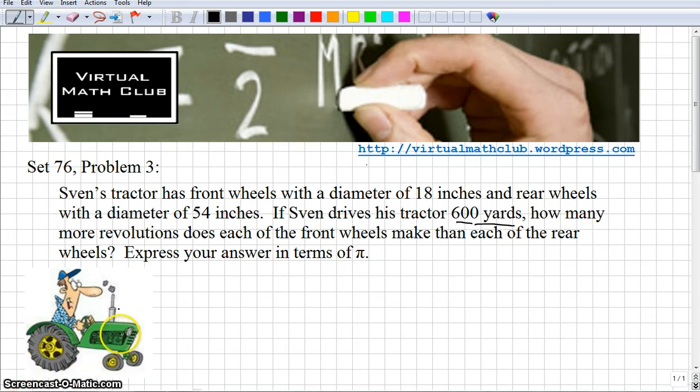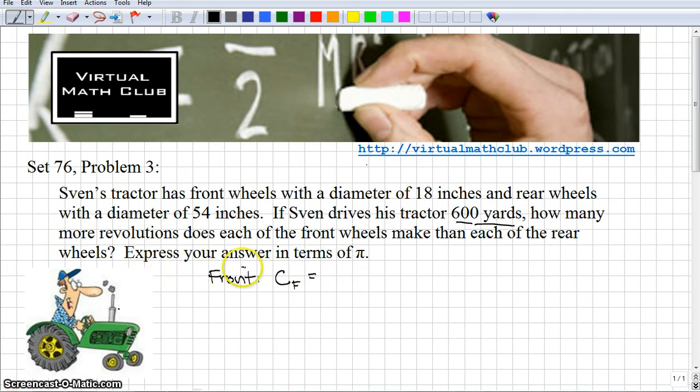So what we really need to know is what's the circumference of the front and the rear wheels. So let's just make that calculation for the front and the rear. So for the front, the circumference, and I'll call it CF for front, circumference of the front wheels. Now circumference is just equal to pi times the diameter, right?